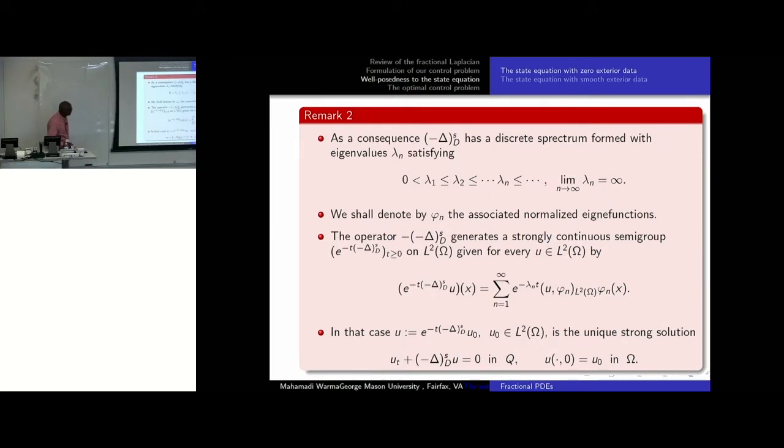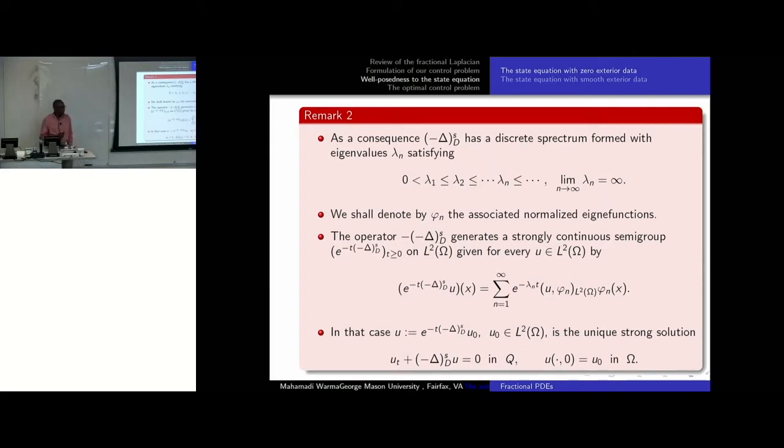Then the operator minus delta S has a very nice property because it has a discrete spectrum, with eigenvalues that satisfy these inequalities, and the limit is infinity. But this is only proved because we know that the injection of H10 into L2 is compact.